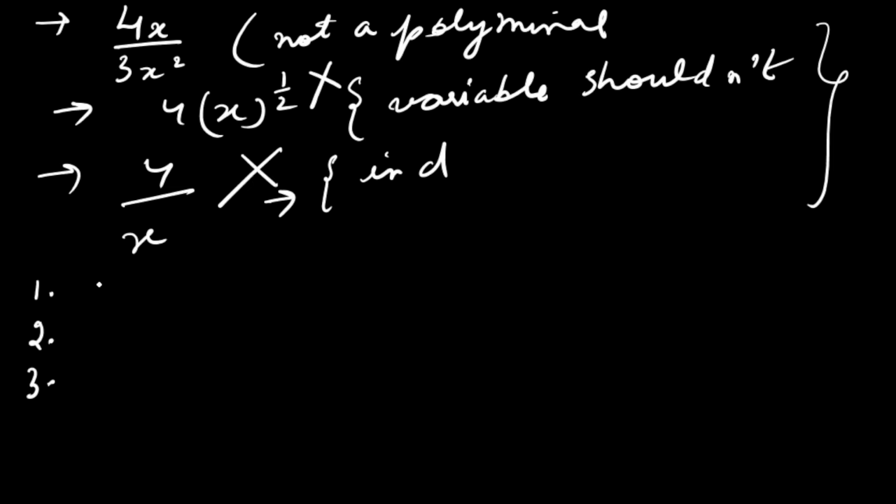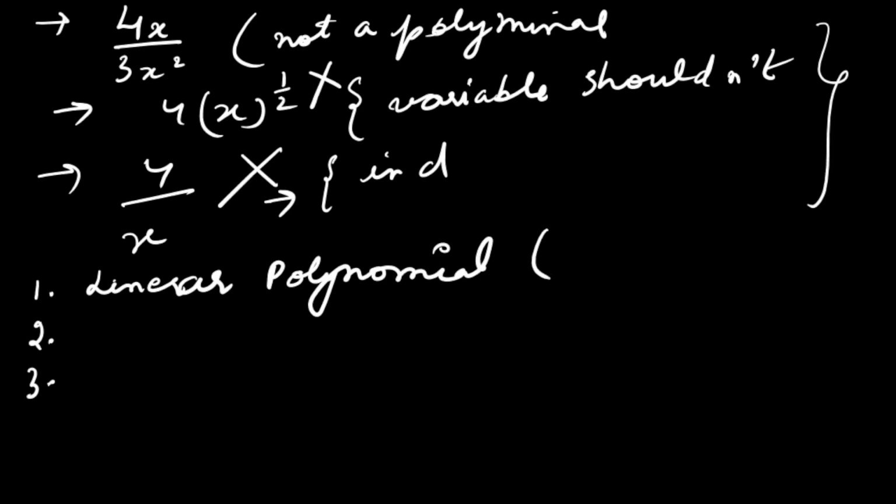First we have the linear polynomial. In terms of degree, in a linear polynomial the degree of the variable, these alphabets, will be 1.